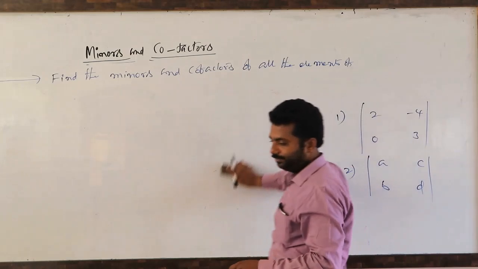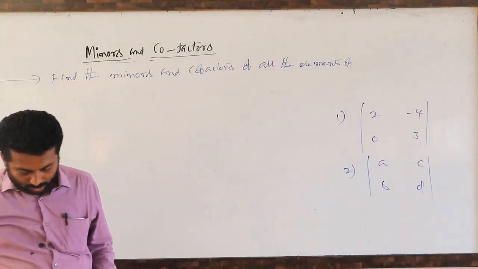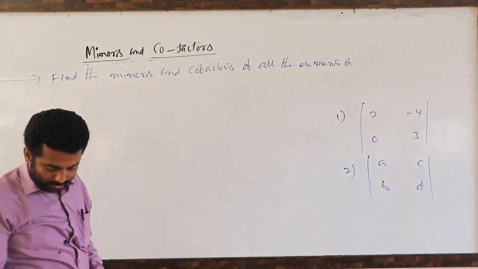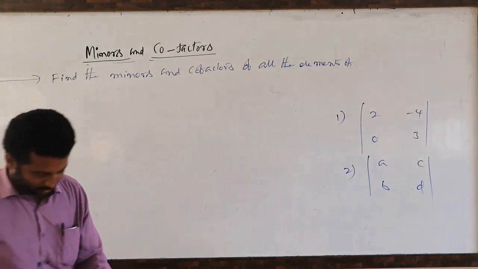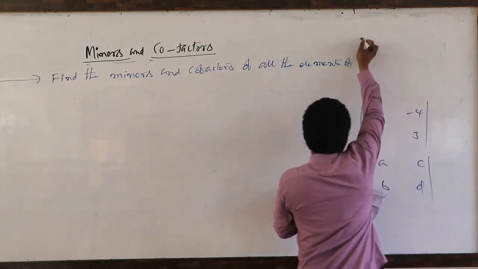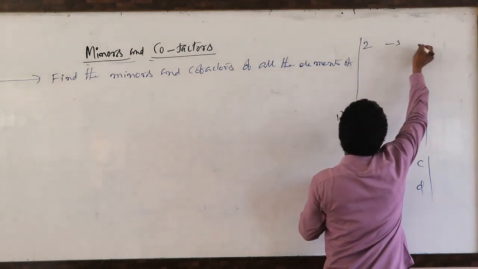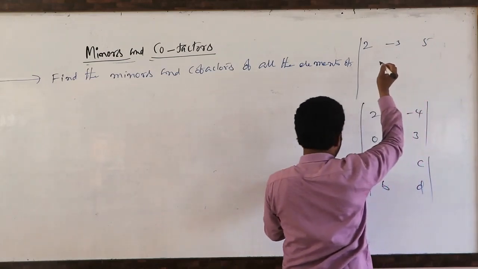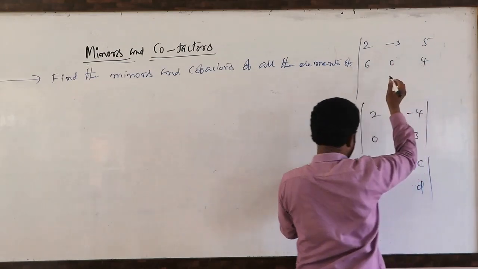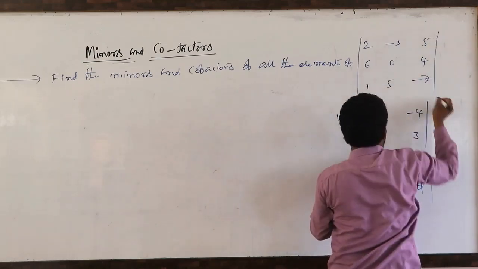Then I will give one 3 by 3 square matrix determinant. Find minors and cofactors of the elements of the determinant 2, minus 3, 5, 6, 0, 4, 1, 5, minus 7.